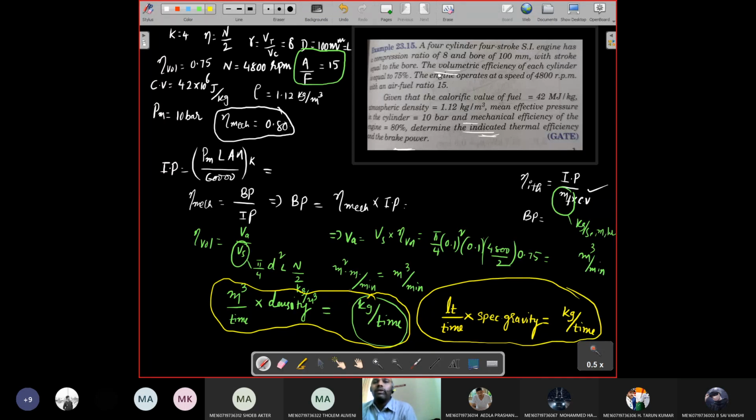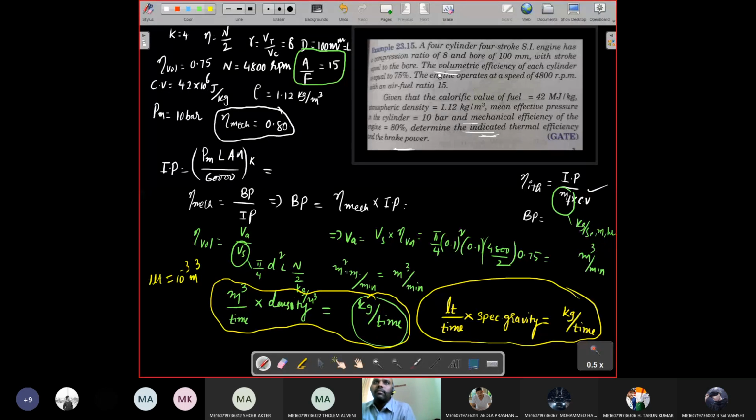Make a screenshot. We already discussed that 1 liter is equal to 10 power minus 3 meter cube. This is one basic one, and apart from that these two are the other conversions.